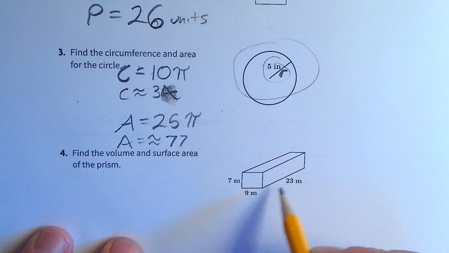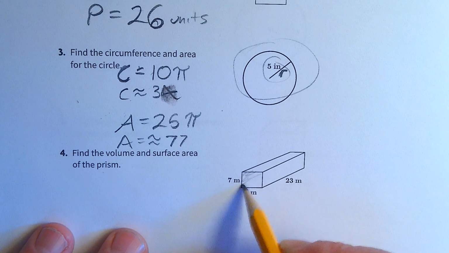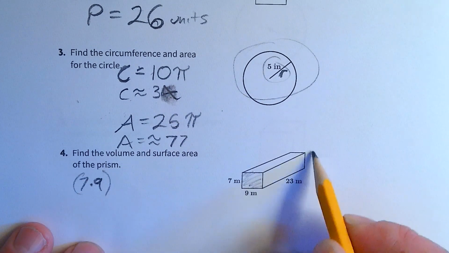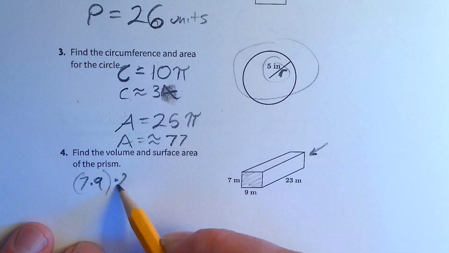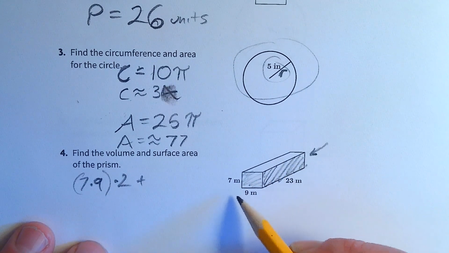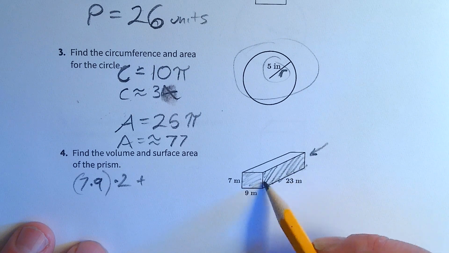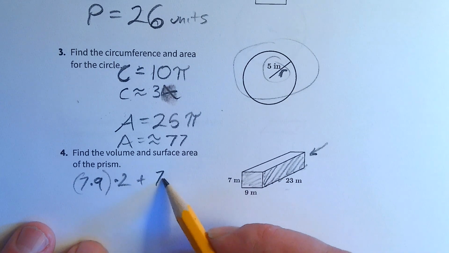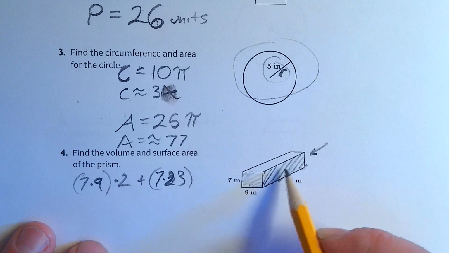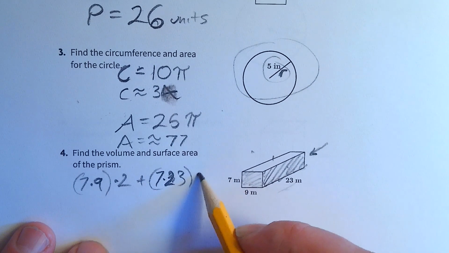Surface area. Okay, the surface area is this surface, which is 7 times 9. But then there's one in the back, so times 2, plus this surface, which is 7 times 23. But there's 1, 2, 3, 4 of those.